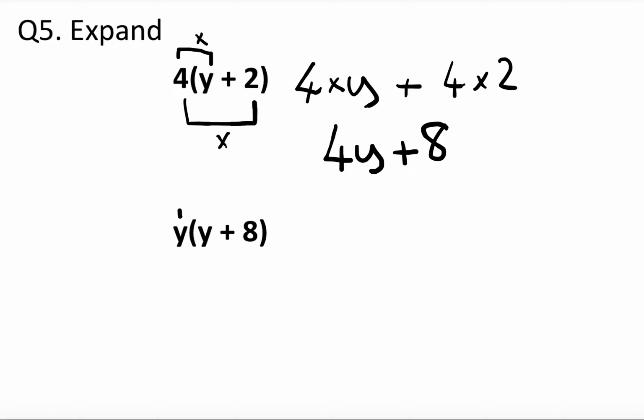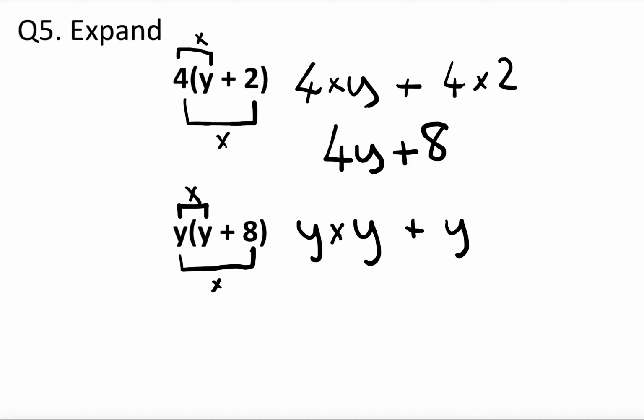So we take y and y, and if you multiply something by itself, what do you get? So we've got y times y plus y times 8.